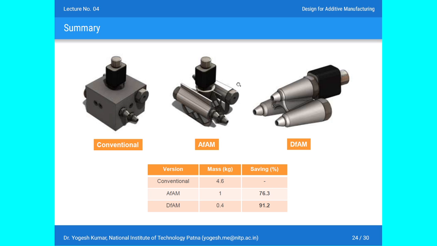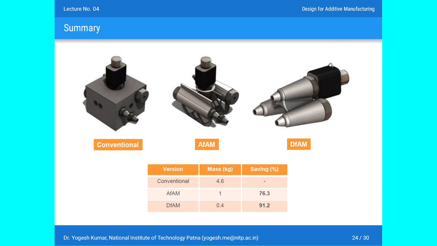But taking into consideration the working of this particular hydraulic manifold, we have redesigned the whole structure, and we have printed the whole component using the principle of design for additive manufacturing.